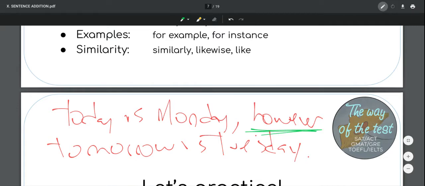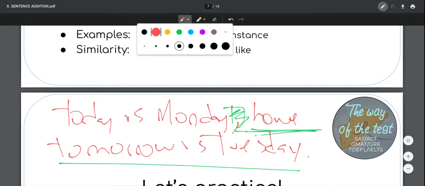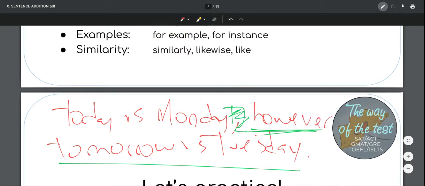So if I have a however and then I have a black square here, I know that this sentence shouldn't be here, right? Or if I have another black square here, that's actually more common than having a black square here. So if I have a black square here, however, I know these two sentences shouldn't be together.